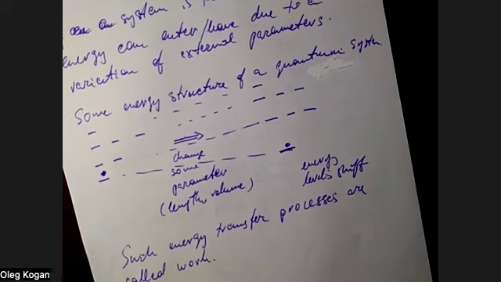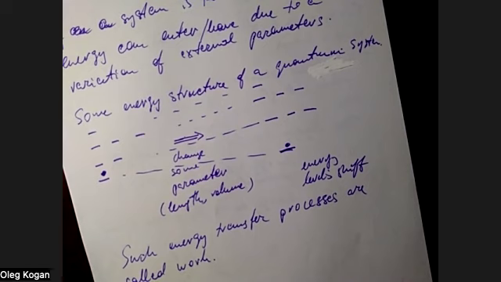In general, if a system is coupled to the environment and its external parameters, such as volume, change, there's going to be both heat and work involved. So we will continue with this discussion on Tuesday.